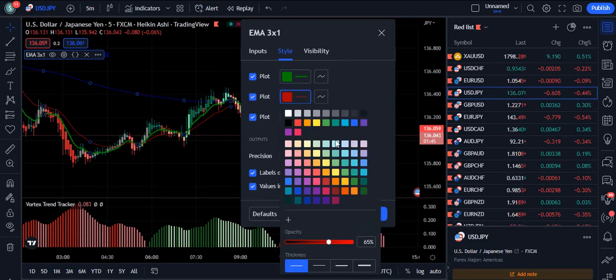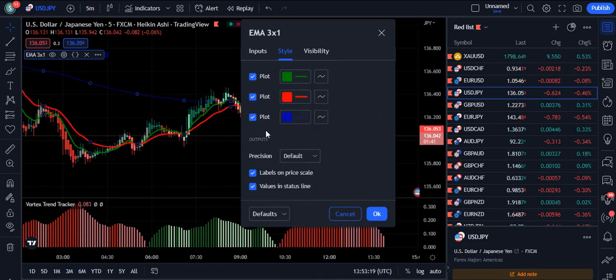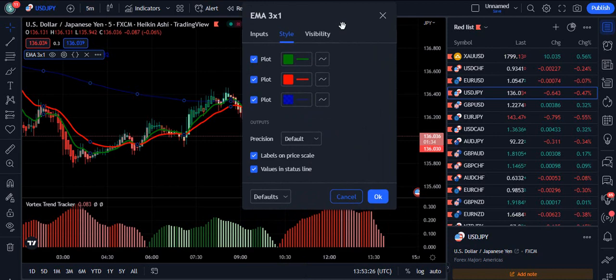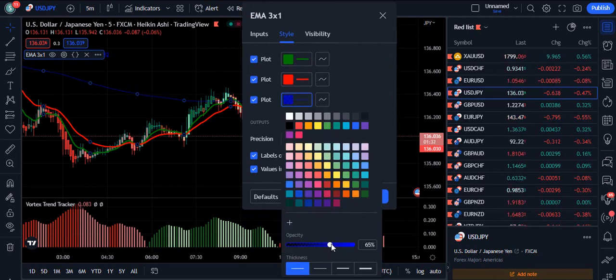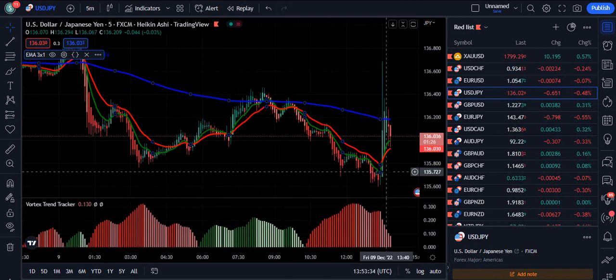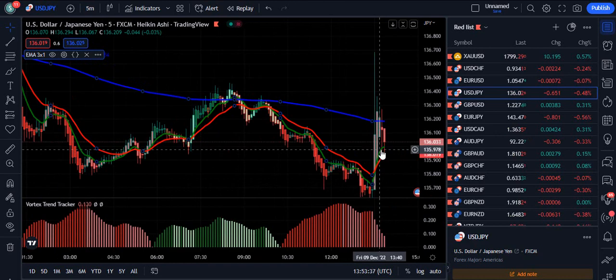Similarly, you need to change all three colors like this. It should be thick like this. Now you can see the moving averages are showing very prominent on my screen. Now the third one, the 200 period moving average, we are going to give it a thickness exactly like this, and now I press OK, and our trading setup is completely ready to trade.